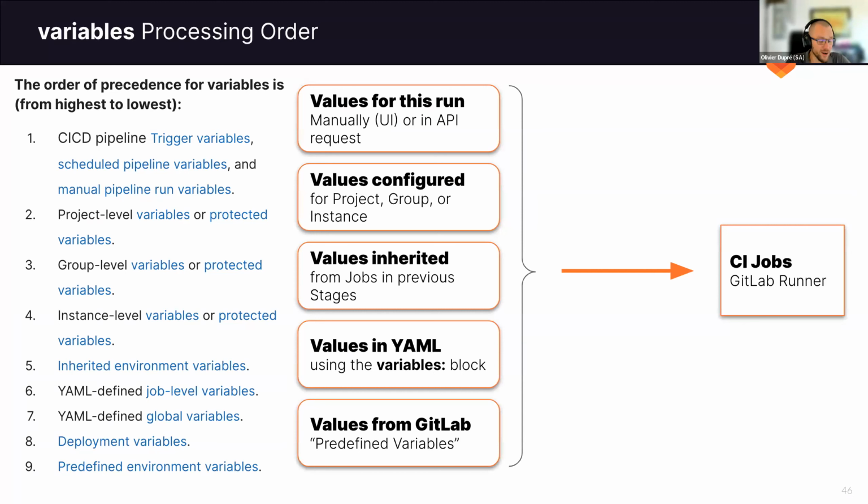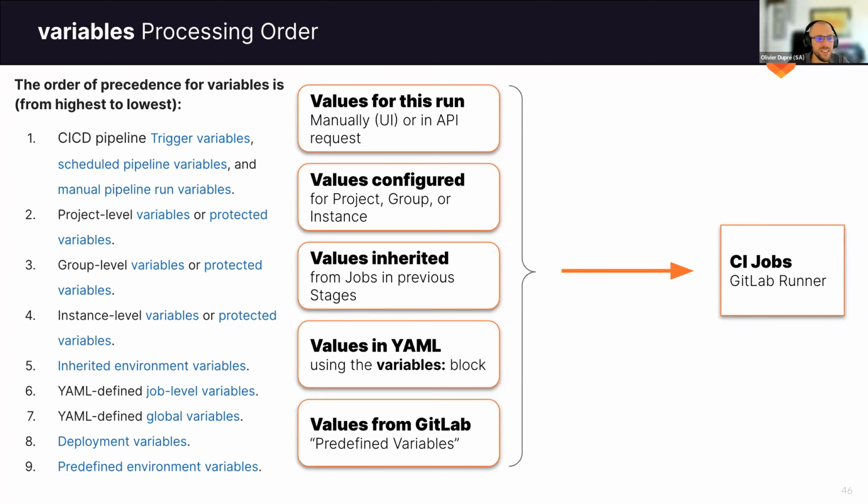So I've talked about the variables that you can define, and there is an order of precedence for these variables, basically with 9 levels. From the highest to the lowest, so from the most important one evaluated first to the least important one.